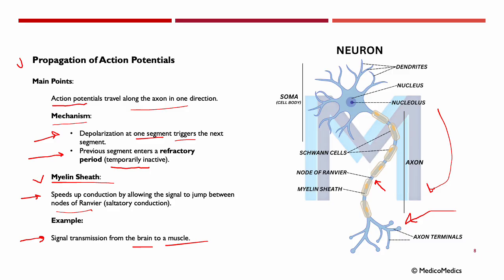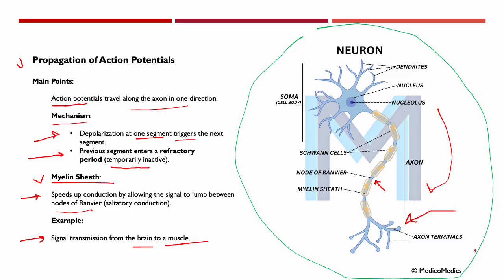Once we reach the threshold, a signal is sent off, and it travels in the neuron in the way we have described it here. Now, let's make this clinically interesting. We mentioned this structure called the myelin sheath here, the fatty layer that helps speed up signal transmission.